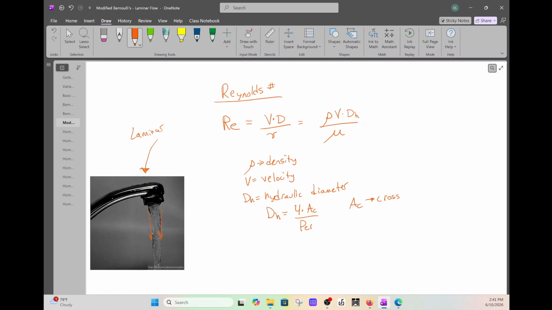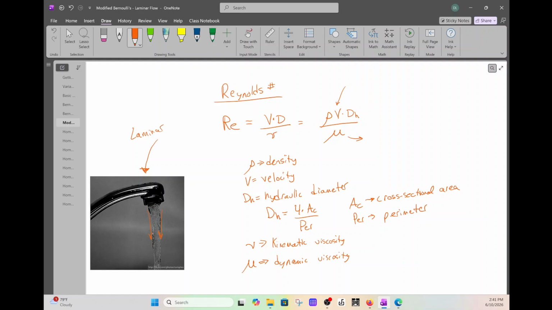This is the cross-sectional area, and this is your perimeter. And then nu is your kinematic viscosity, and mu is your dynamic viscosity. Okay, so Reynolds number talks about the differences with what we call inertia, which is velocity, over viscous forces.